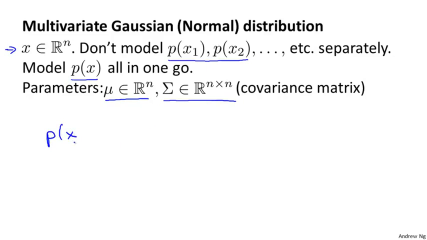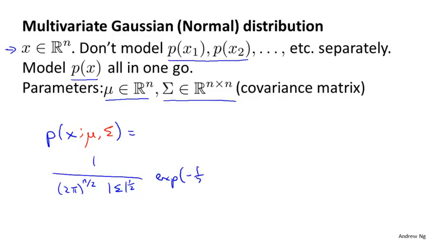So we say that probability of x, parameterized by my parameters mu and sigma, is equal to, once again, there's absolutely no need to memorize this formula. You can look it up whenever you need to use it, but this is what the probability of x looks like. Transpose sigma inverse x minus mu.